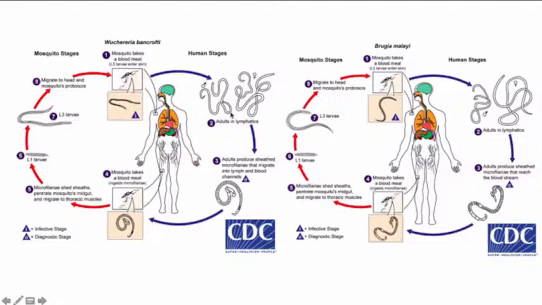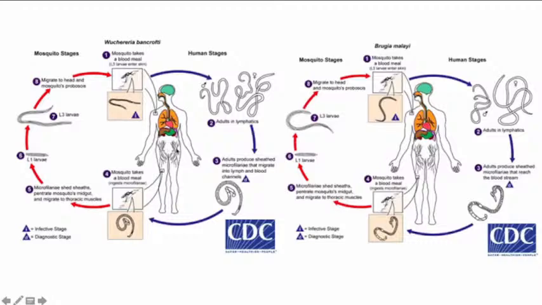They produce sheathed microfilaria, which migrate into the lymphatic and blood channels. Although the adults are found in the lymphatic system, they produce microfilaria that circulate within the blood.